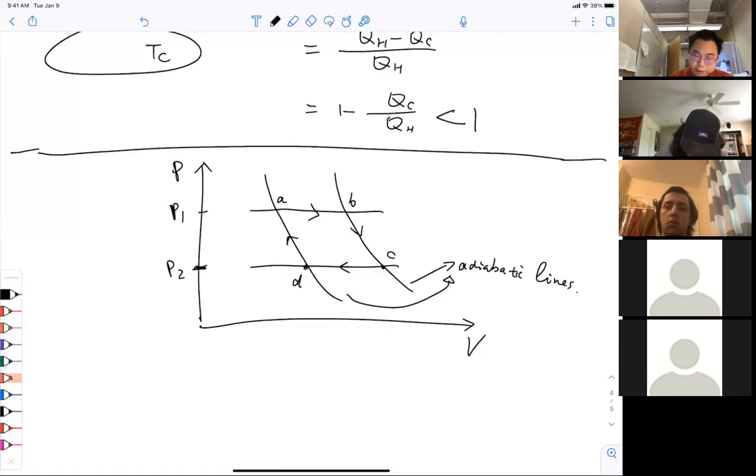From D to A, there is no heat exchange between the system and the environment. That's basically the physics of this cycle.